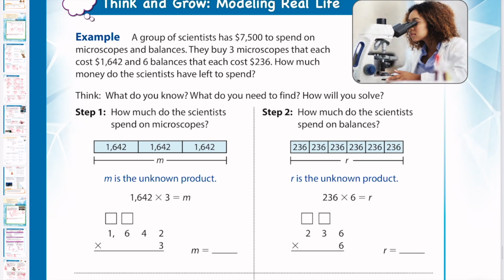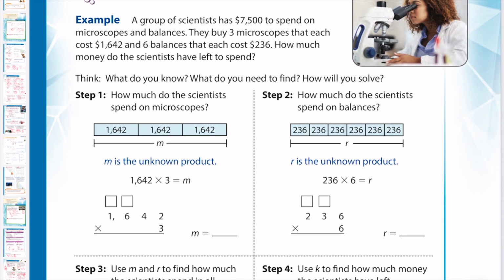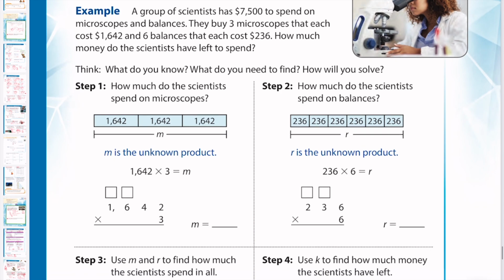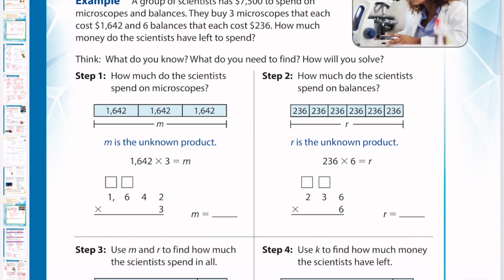This is the last page for today. A group of scientists has $7,500 to spend on microscopes and balances. They buy 3 microscopes that each cost $1,642 and 6 balances that each cost $236.